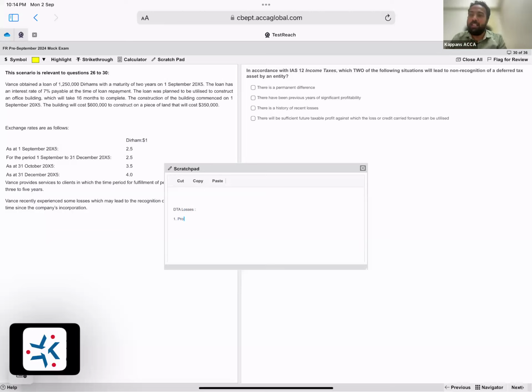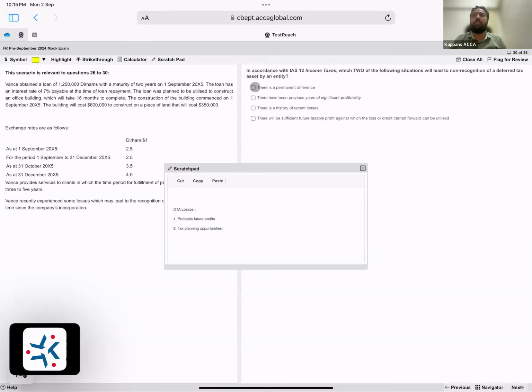One, there is a chance that the entity will make profit in future, probable future profits. And two, there are tax planning opportunities available. In these two situations, we can record a deferred tax asset. They're asking which two of the following will lead to non-recognition.